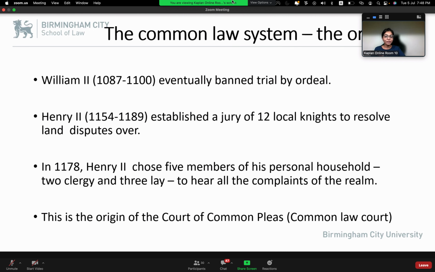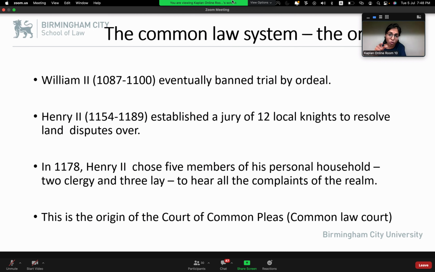Right? So, when the king began to create this court system, this is how slowly the common law court was created. So why did this king's court have the name common law court? It's a court created by the king, and if we were to call it king's court, we would understand. But where did the name common law come about?